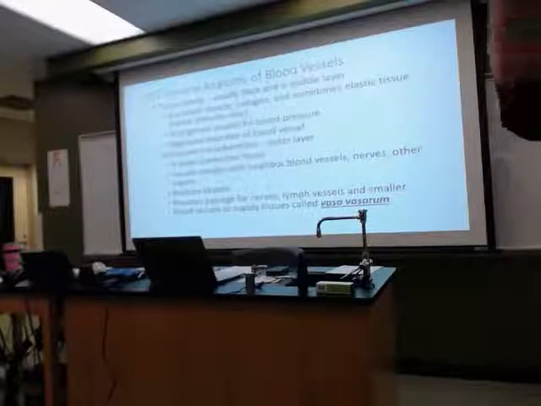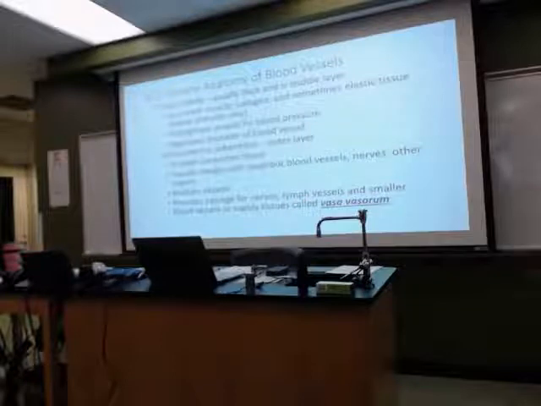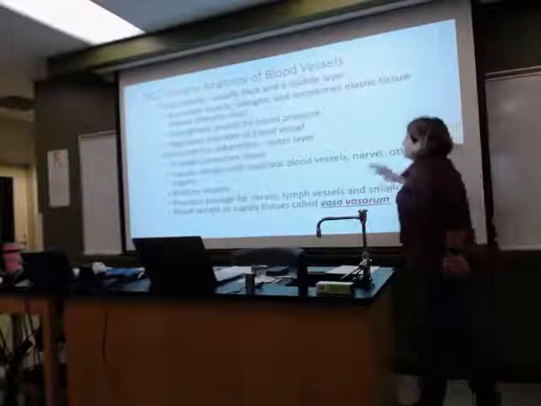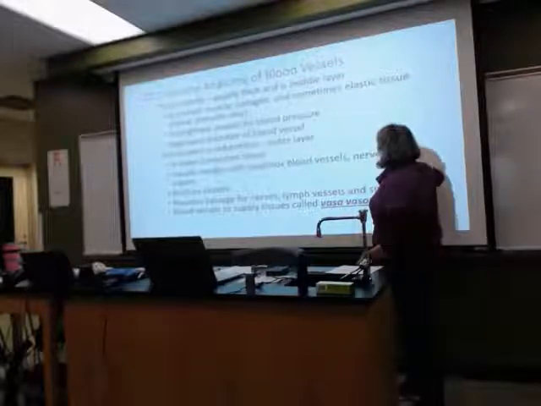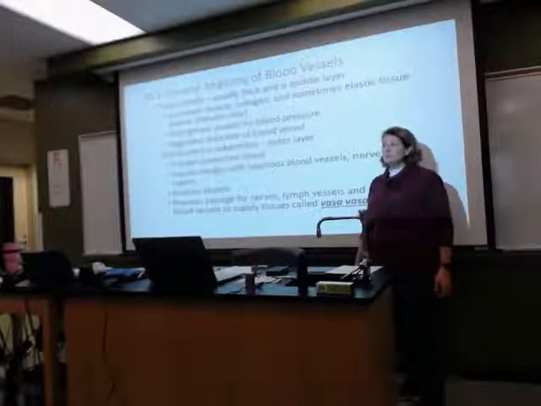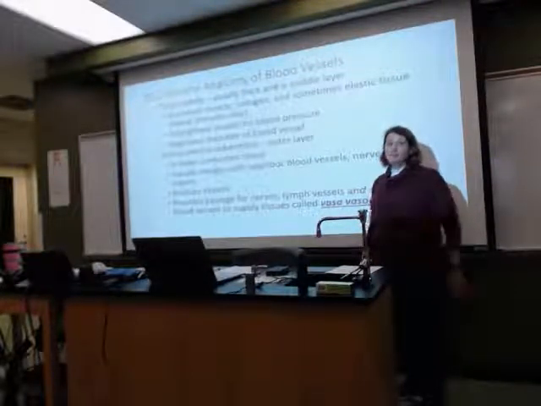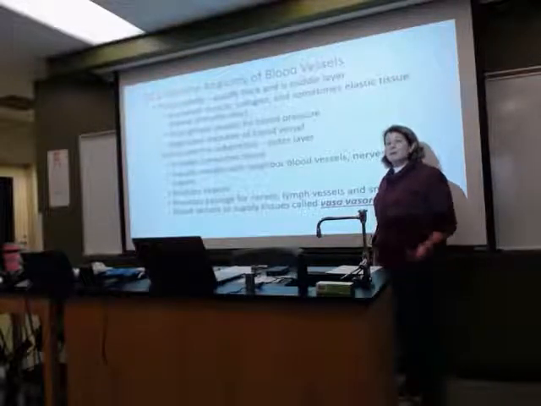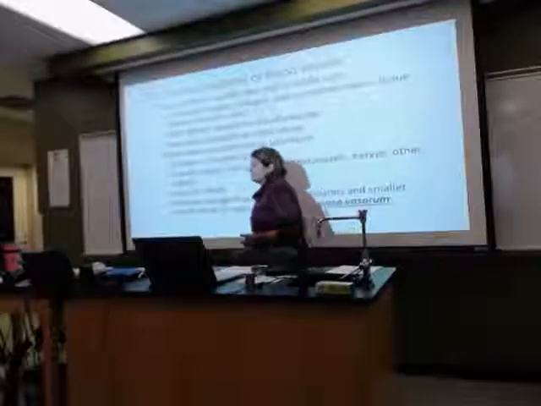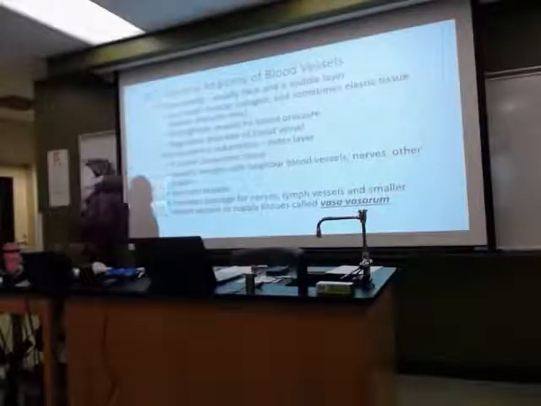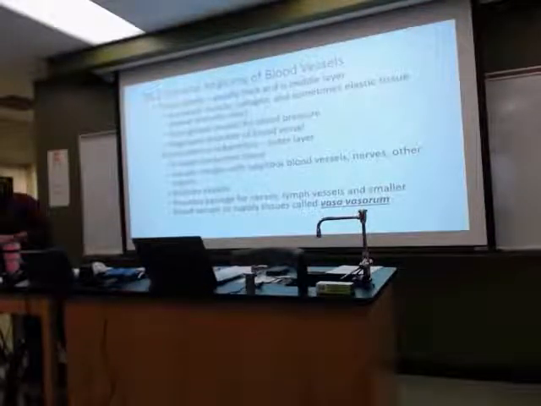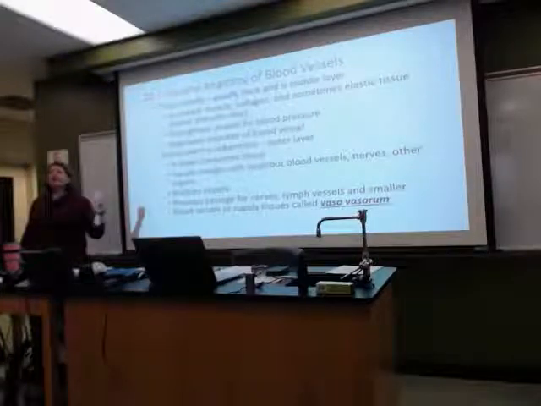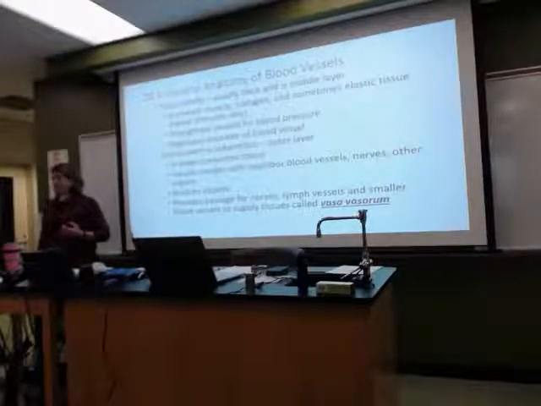So it is innervated with the autonomic nervous system. We're going to find collagen and elastic tissue that can be present. It's going to vary, all right? Mainly because there is a difference between arteries and veins, okay?